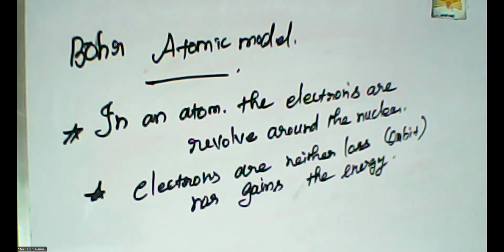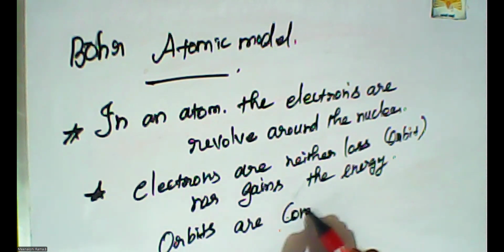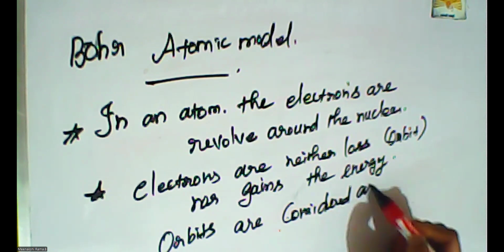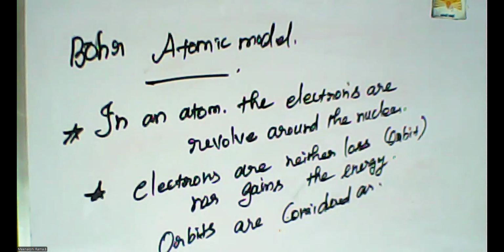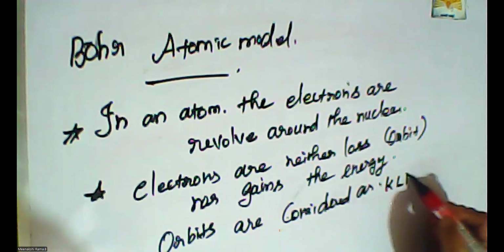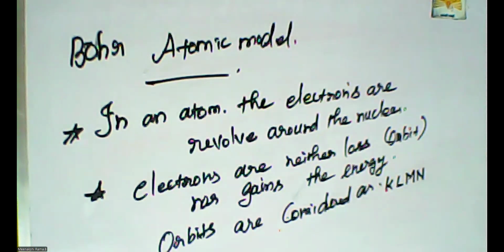And the names of the shells, the orbits, this is the important part, the orbits are considered as the letters K, L, M, and N. K, L, M are the orbit names, and the numbers are 1, 2, 3, the level of the energy.